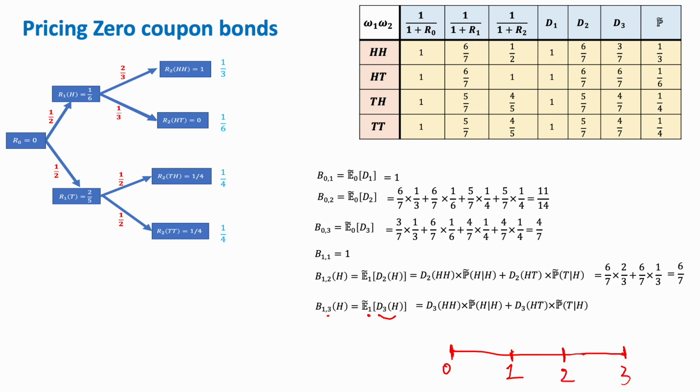We want to find the value of a zero coupon bond maturing at time 3 as of time 1, right? So what we need to do then is take this guy here and discount it here and discount it here, knowing that the first coin toss was a H essentially.